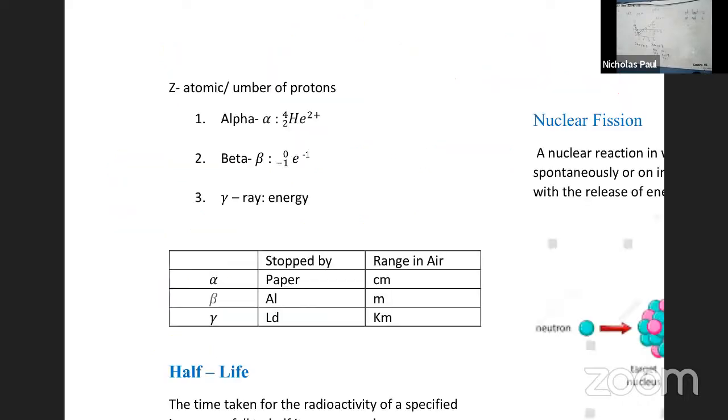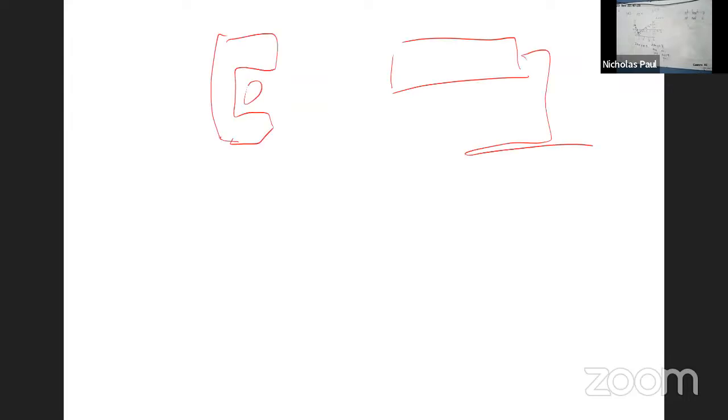Let's move on. I didn't do this experiment as well. What is the device used to detect radiation? It's the GM tube.